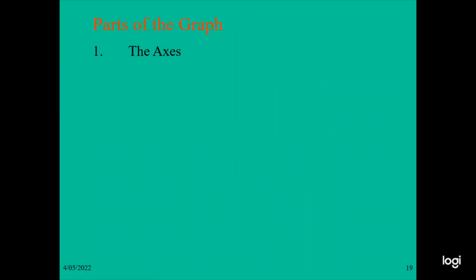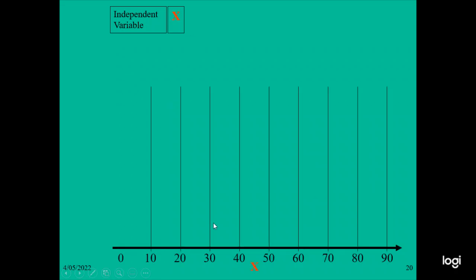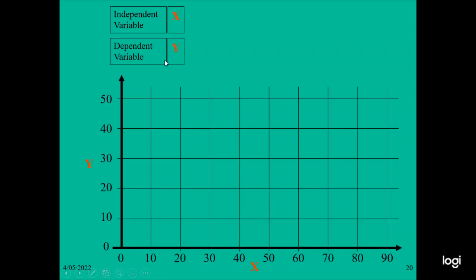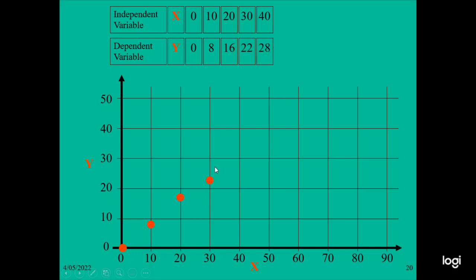Part of the graph is the axes, the independent variable x is here, and the dependent variable y is here. In this case, x equals 10, y equals 8. So x is 10 here, y equals 8. So you can locate this one. x 20, y 16. x 30, y 22. x 40, y 28. x 50, y 33. x 60, y 37, x 70, y 41.